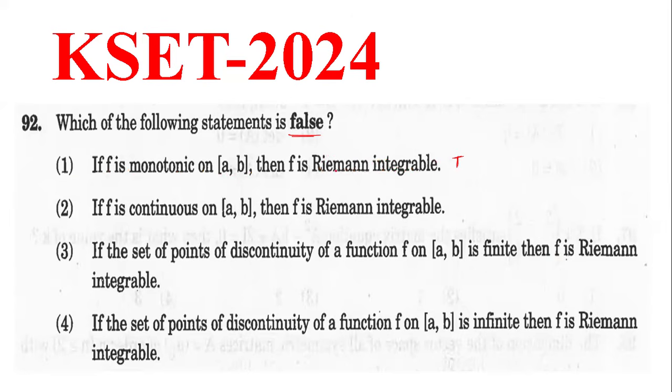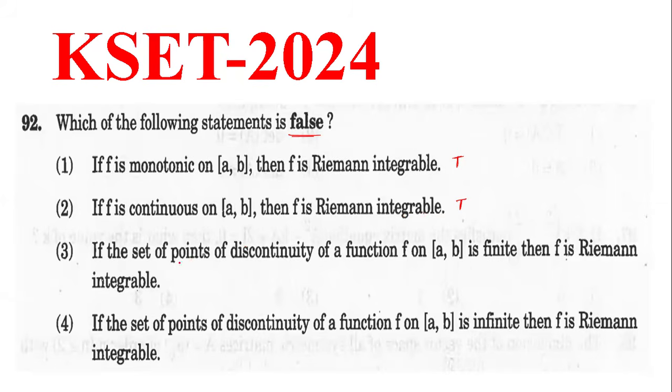Therefore, if a function has a finite number of discontinuities, that function is Riemann integrable. If f is continuous on a closed interval AB, then f is Riemann integrable. This is also true. If a function is uniformly continuous, then it is also Riemann integrable.